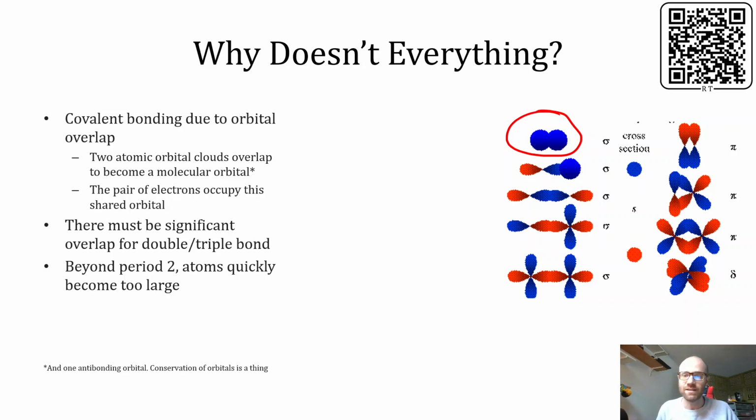All I mean to say is the bond occurs when there's overlap between orbitals of 2 atoms. And they actually overlap and they mix and they become what we call a molecular orbital.